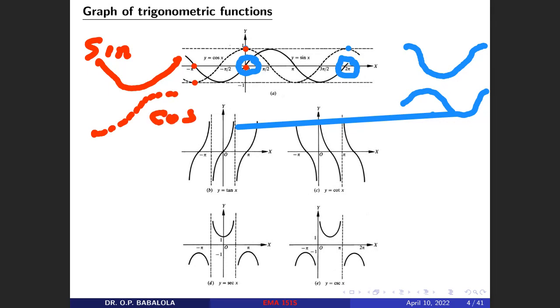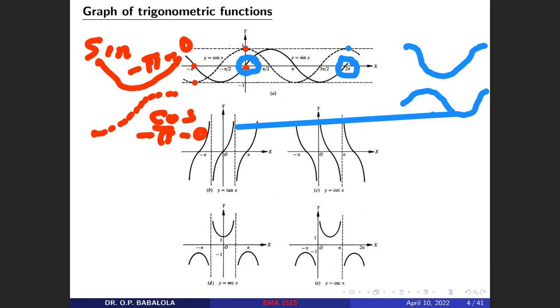All right. This is the graph of cos. Okay. And it's from minus pi to 0. And this other one is from minus pi to 0.